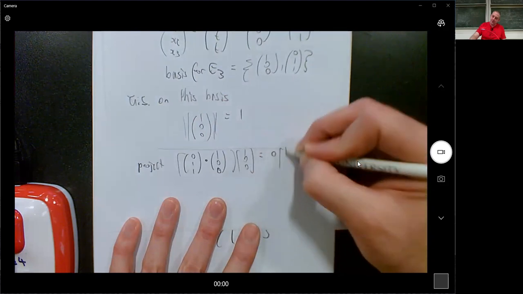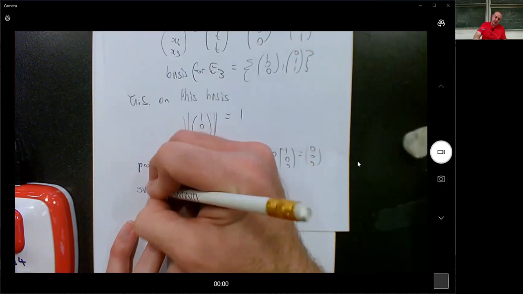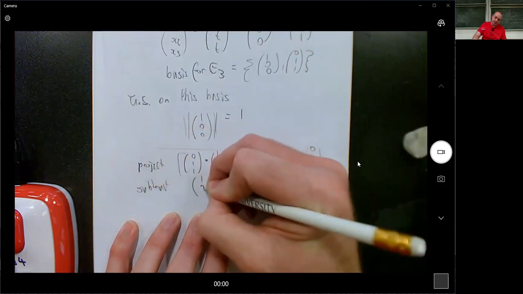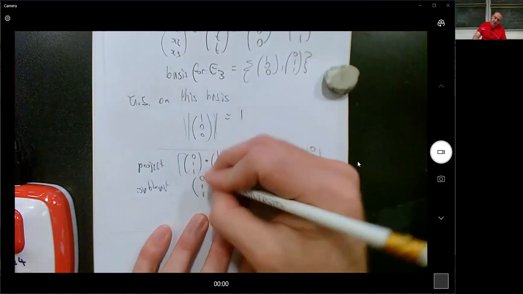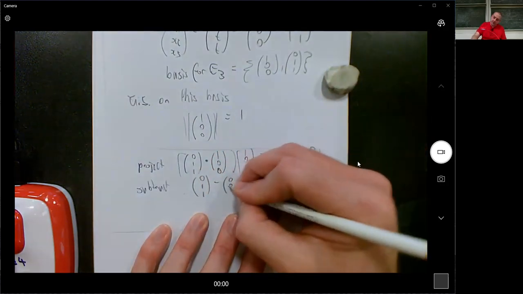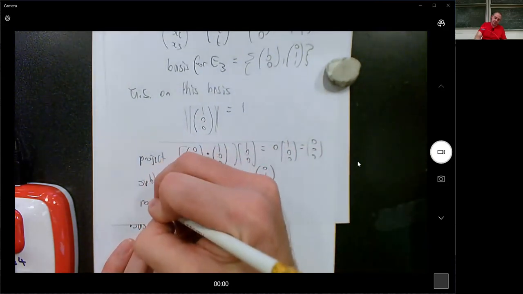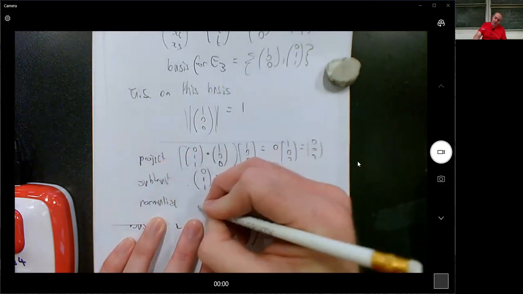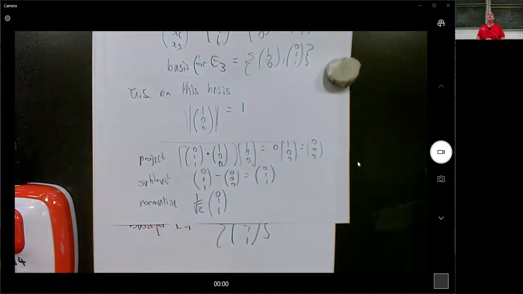That'll give me 0 times (1, 0, 0), which is just (0, 0, 0), and subtract. The vector I had minus the projection and then normalize. And so I'd get 1 on root 2 because that's how long this vector is.